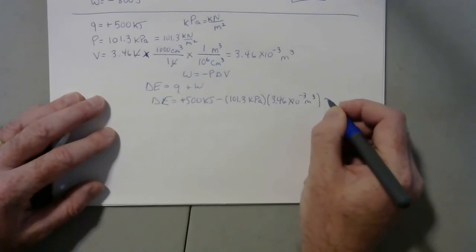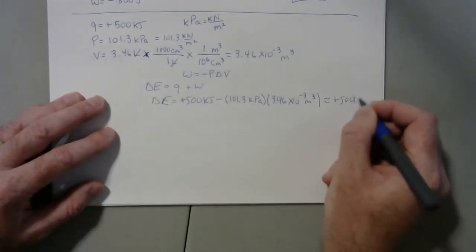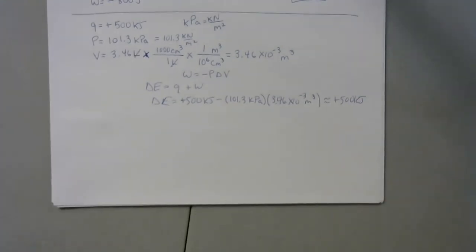And that's not going to change the amount much, so it's still approximately equal to 500 kilojoules, which shows in many chemical reactions, the amount of work, if it's open to the atmosphere, ends up being a negligible amount. So in this chapter, we end up focusing a bit more on heat than on heat and work.